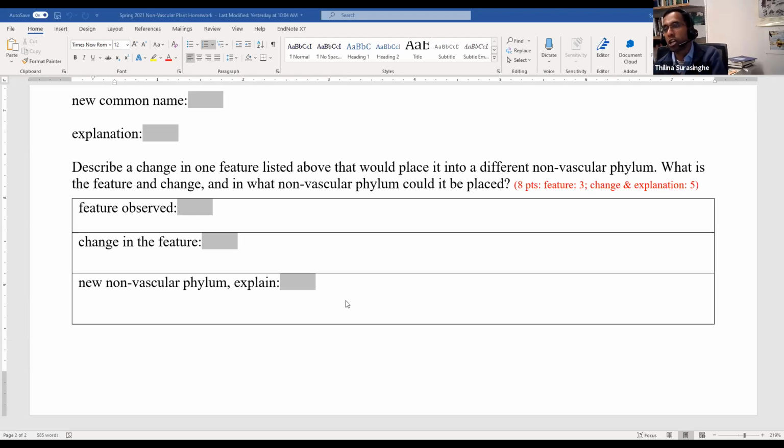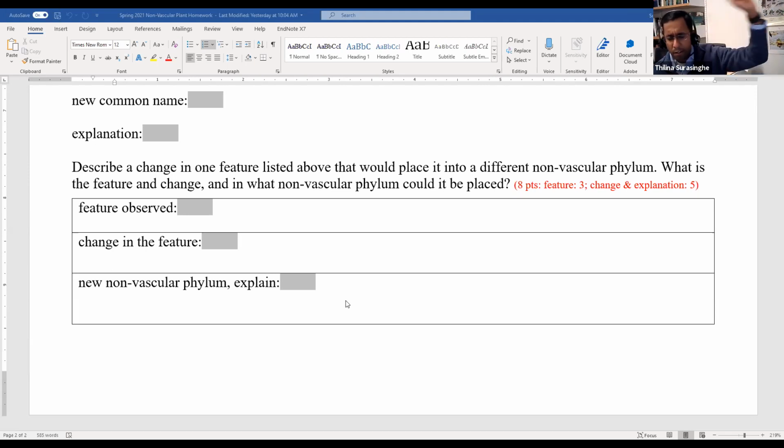For example, earlier you mentioned it's a bryophyte, and if you were to observe the presence of actual stomata on the sporophyte, well, then it is not a bryophyte.